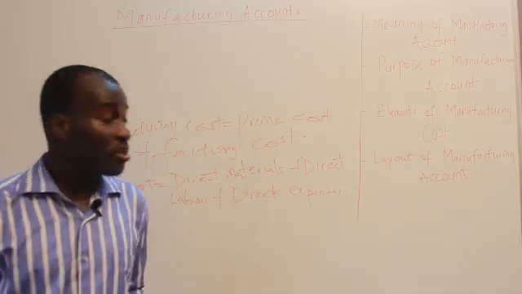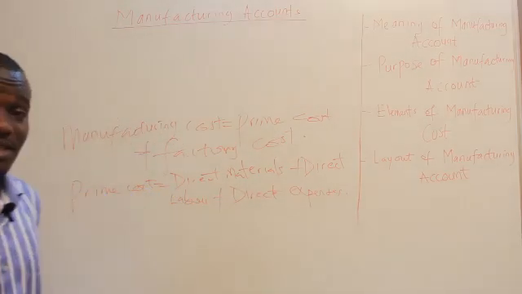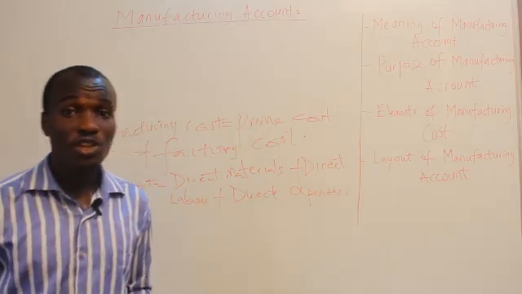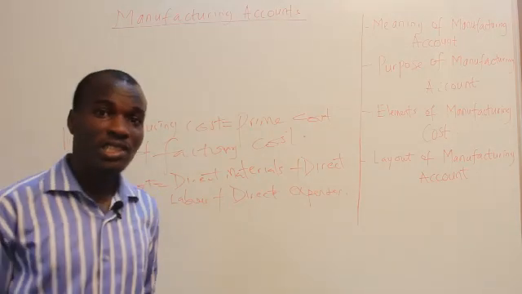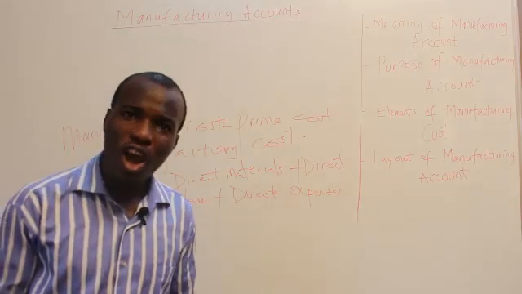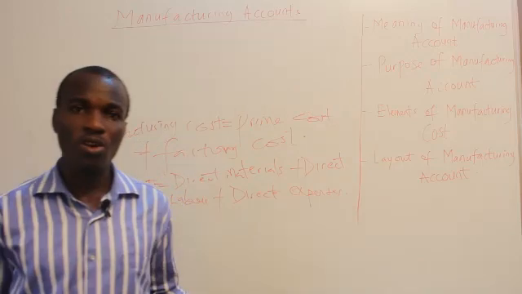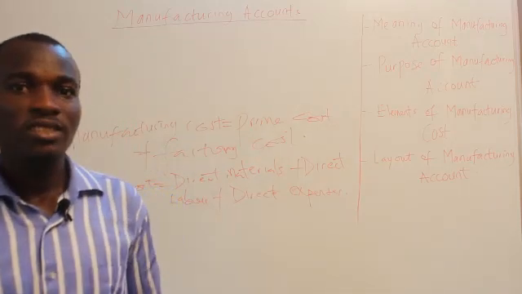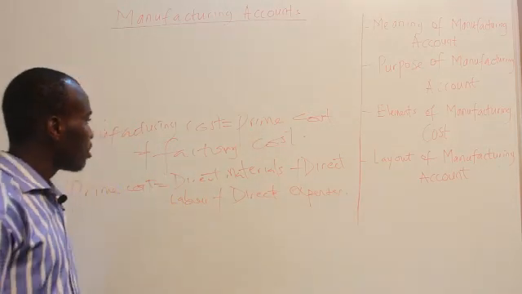They include factory wages and salaries, that is indirect wages and salary. They include rent in the factory. They include depreciation of plant and machinery used in the factory. They include all other indirect costs used in the production units.